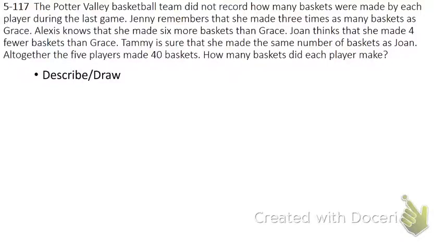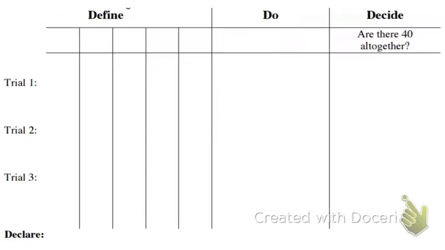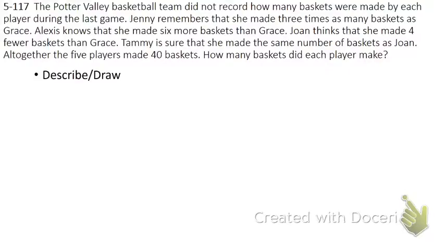Now, for the describe and draw, we see a lot of information that we probably want to write out. So let's just jump right in and start getting each one of those. Okay, so first we've got important information.